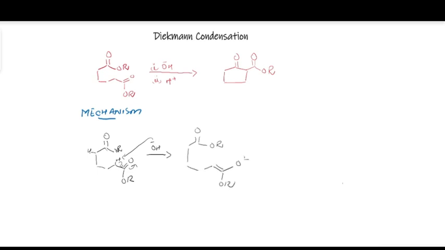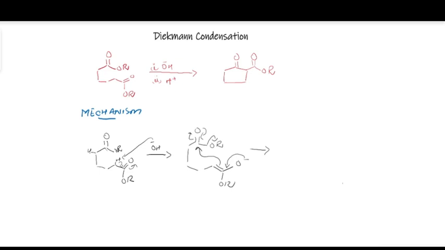Now what happens as a result is that when this enolate collapses back, these pi electrons attack the second carbonyl group that is present in the same molecule, and again an oxyanion is produced, which when it collapses back removes this alkoxide anion.